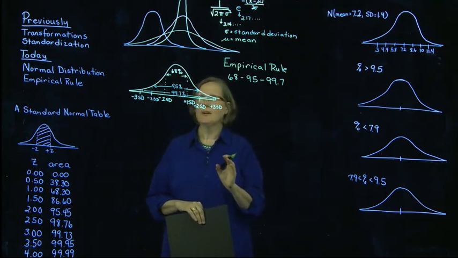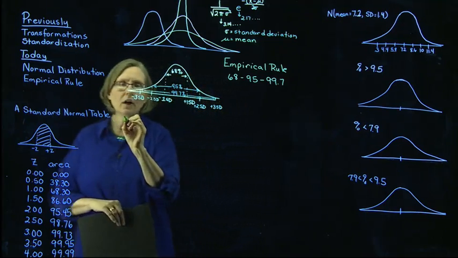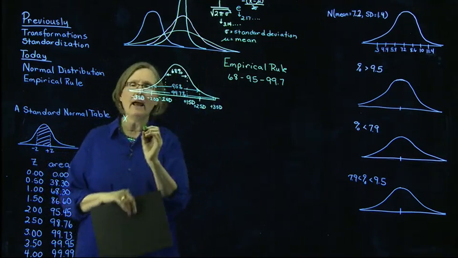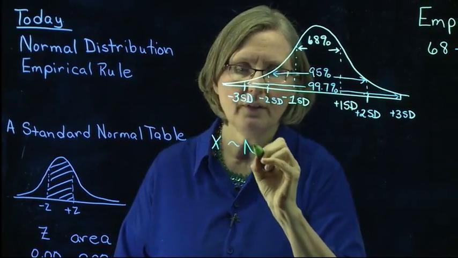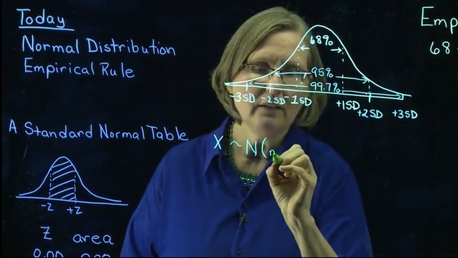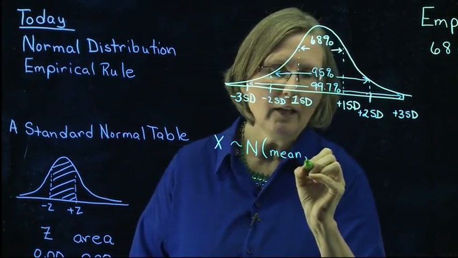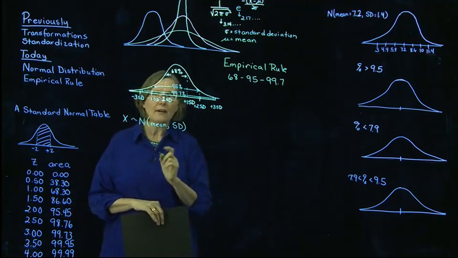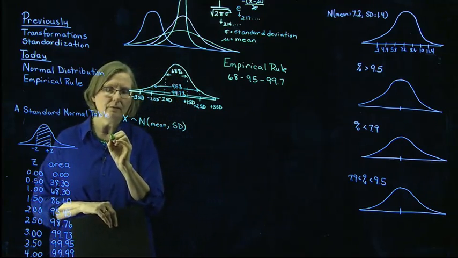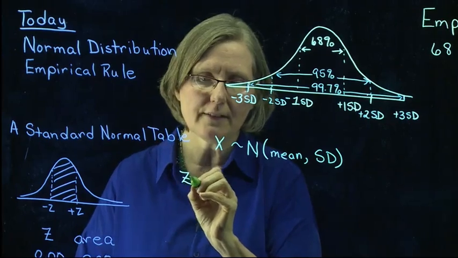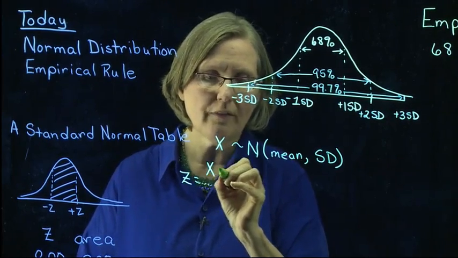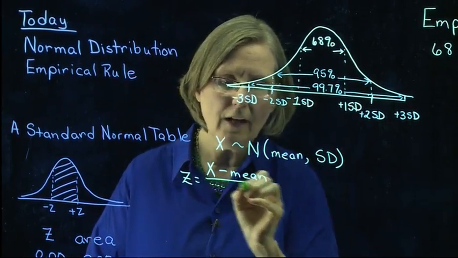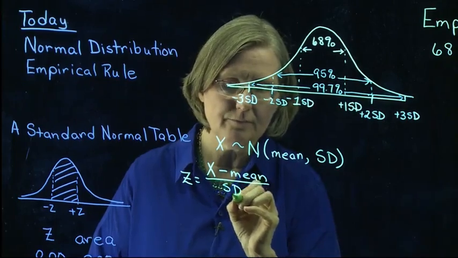Recall when we standardized a variable, we started off with the original variable, and suppose that it has a normal distribution centered at the mean and a particular standard deviation. If we standardize that variable, and I'm going to call that standardization z, we took our original variable, subtracted the mean, and divided by the standard deviation.